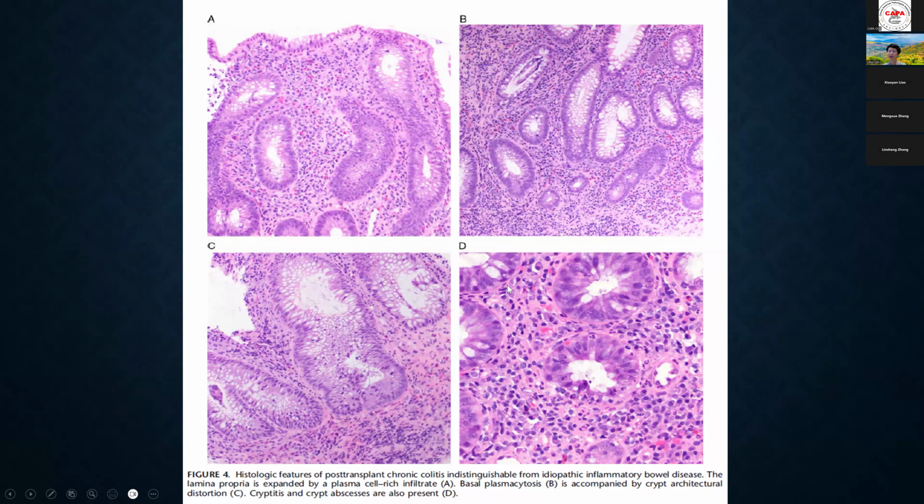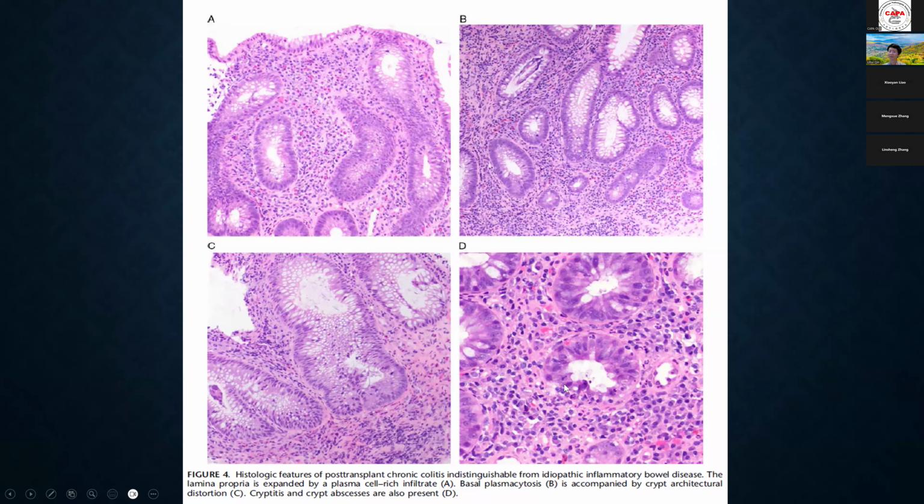And here you have an example, and histologically it looks identical to inflammatory bowel disease. But the clinical setting is that this patient doesn't have chronic colitis, and the patient had an organ transplant. So after organ transplant, they develop this kind of colitis.